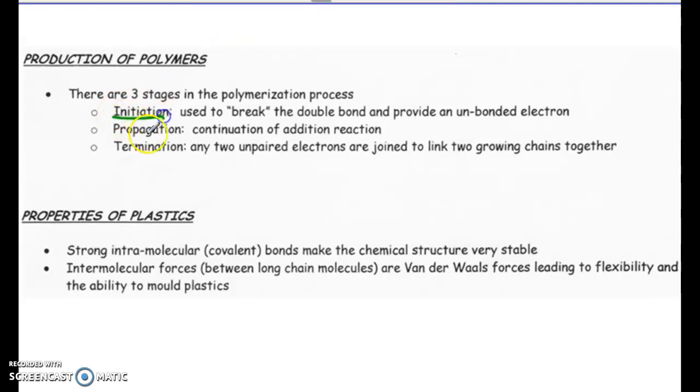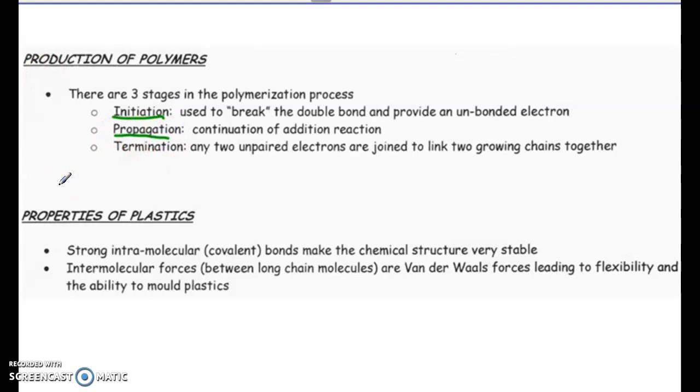So then we have propagation, which actually is naturally done. Once you have the bonds that are breaking, the monomers will begin to link up because the carbons on either end of the double bonds are requiring additional bonds. So they will essentially link up with one another. So that's just propagation. So the reaction is essentially happening.